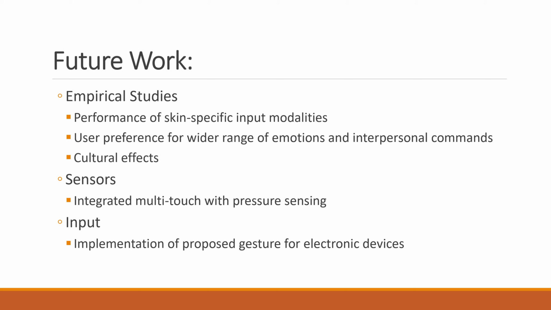And a final study could be, what are the cultural effects on people communicating through these gestures and through devices. Future work could also involve the sensors, which is how do we actually integrate these into the environment. And the last thing that they could investigate is, what are the different implementation of proposed gestures? How do they actually collect what the gesture was and perform an action on the electronic device?